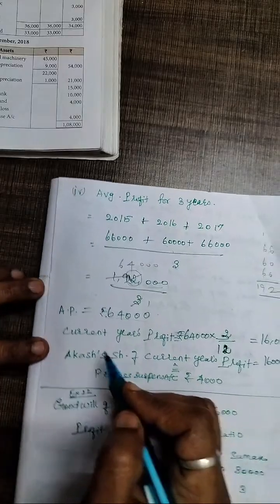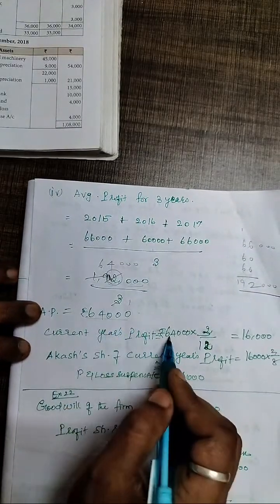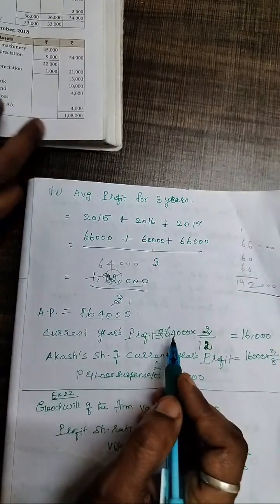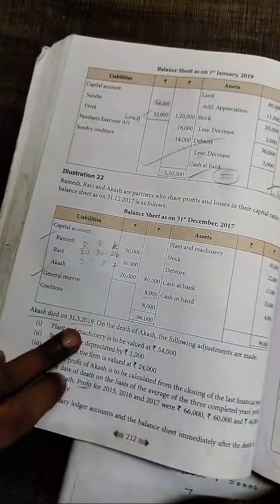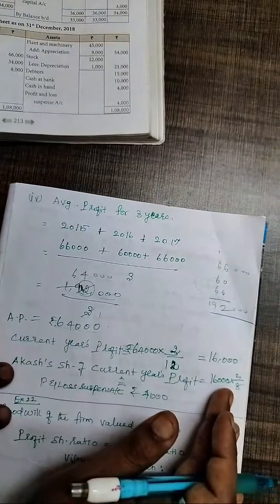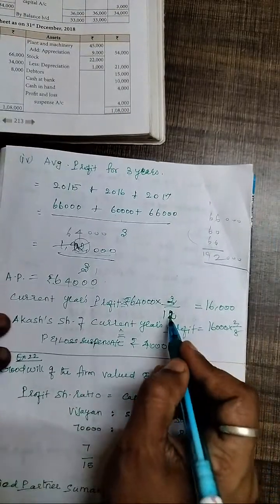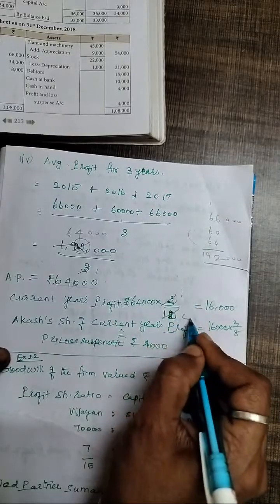Now we have to calculate the current year profit. How can you calculate the current year profit? That 64,000 rupees, when Akash died on 31/3/2018, so for 3 months, what is the average profit for 3 months out of 12 months? 1 3 is 3, 4 3s are 12.